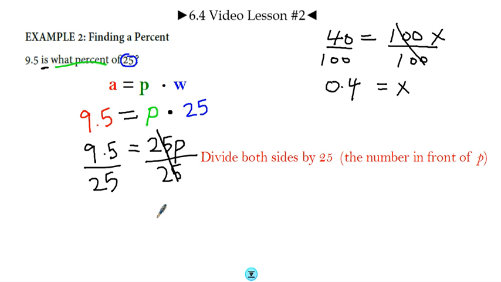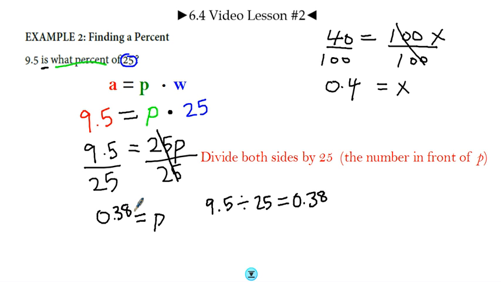So then P is equal to 9.5 over 25. Basically you can do it in the calculator, 9.5 divided by 25, and that's going to give you as the answer 0.38. So P is 0.38.